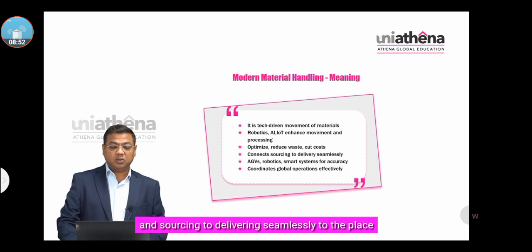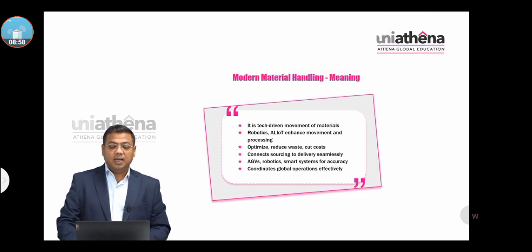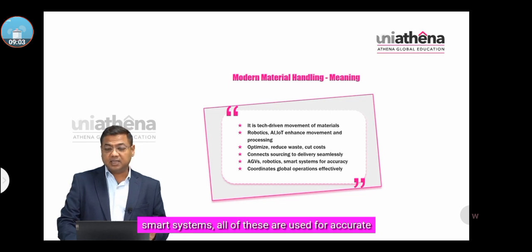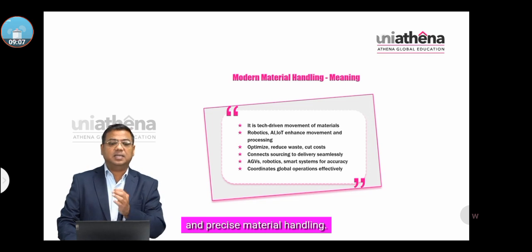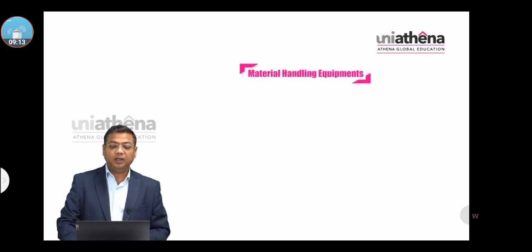It connects resources and sourcing to delivering seamlessly to the place where it will be used. AGVs, which are automated guided vehicles, robotics, smart systems, all of these are used for accurate and precise material handling. It coordinates your global operations effectively.